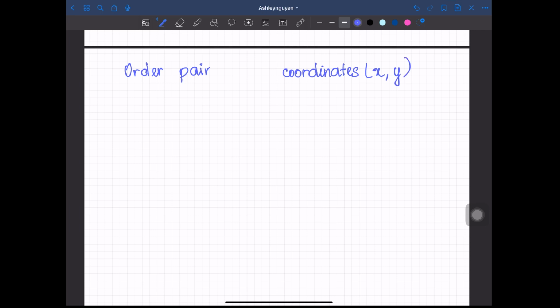For example, the point 2, 1, we know that this number 2 is x coordinate, and number 1 is y coordinate. Understanding x and y lets you label and plot the point in a Cartesian plane.